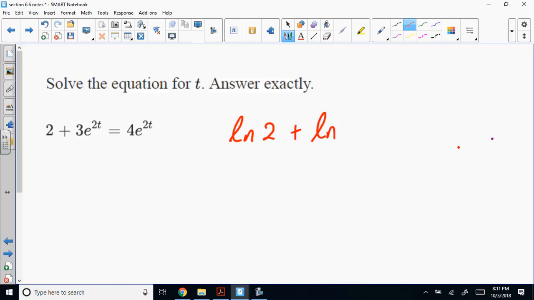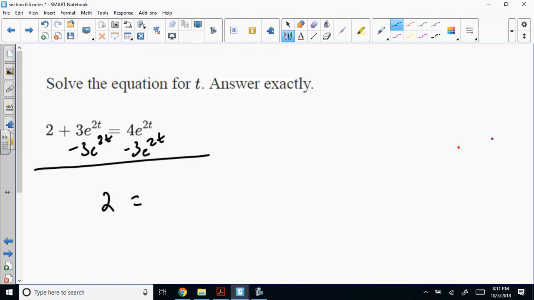Okay, let me back up. That's going to be an easier route, because I'd have powers. I'd have to do fourth and cube, and I don't want to do that.